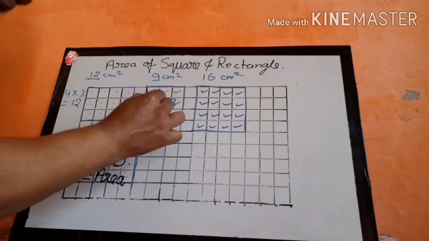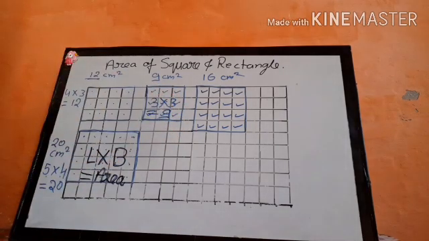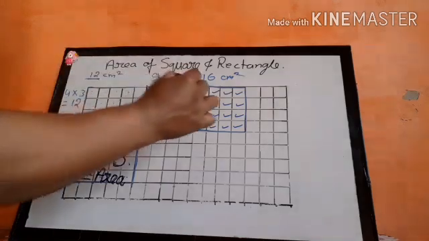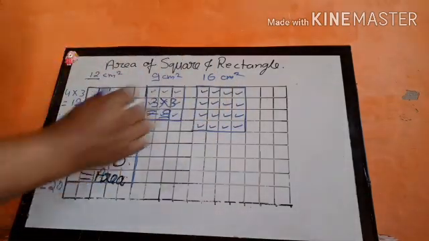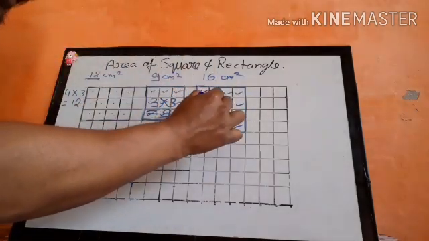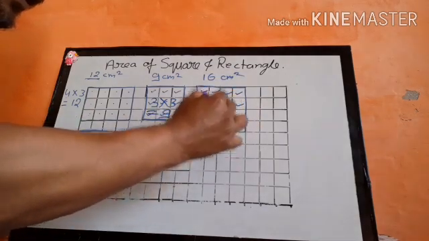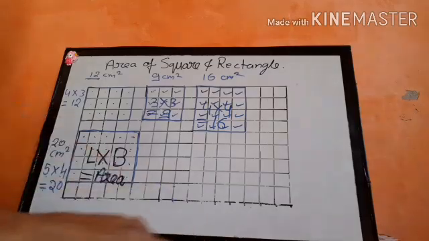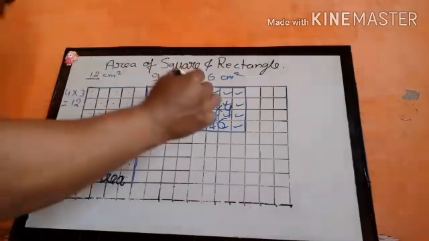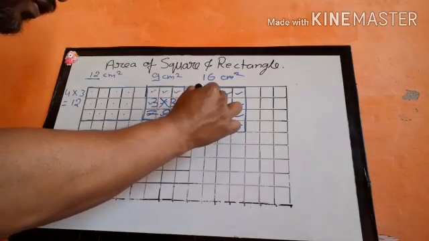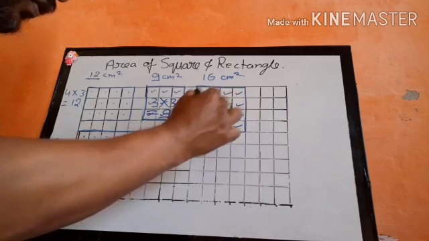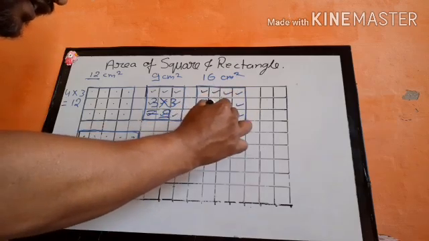So the product is 9. Here in the length there are 4 squares and in the width there are 4. So the multiplication of these is 16. So it is 4 and here it is 4, so the result is 16.